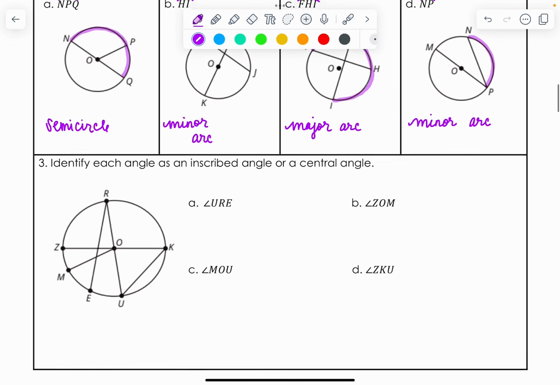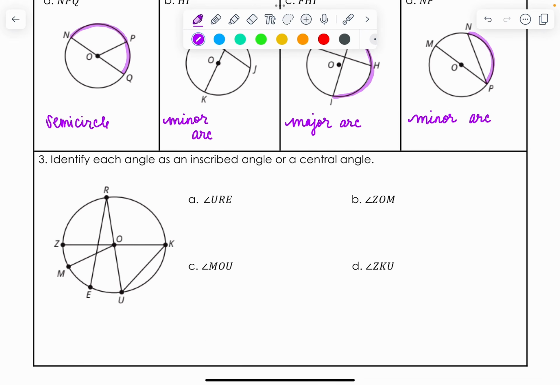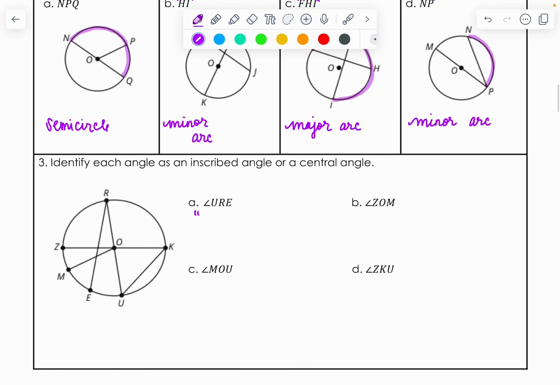Identify each angle as an inscribed angle or central angle. Part A says angle URE. Some of you still are using the segment symbol for angle. That is an angle symbol.